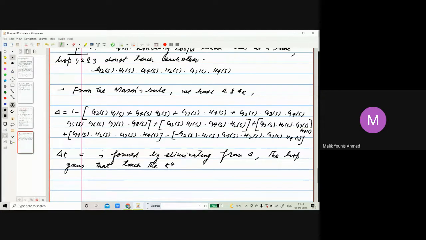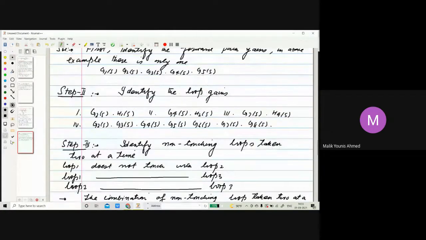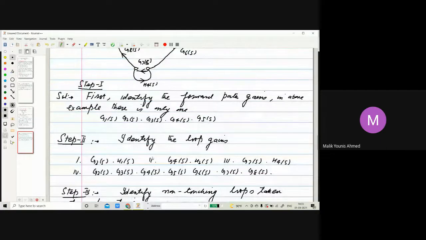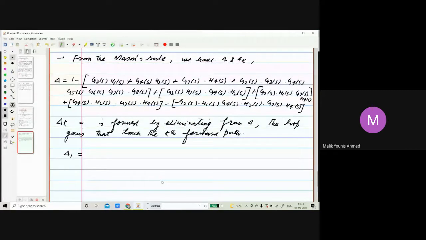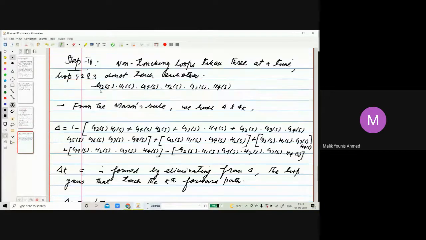So let's see how we can find this. Previous was a simple formula. You have to substitute it here. So delta 1, because there is only one forward path. So we have to find delta 1 only. Forward path gain is only 1, so there will be only delta 1. So how will that be? From delta 1, that will be written as 1 minus, so which is touching it.